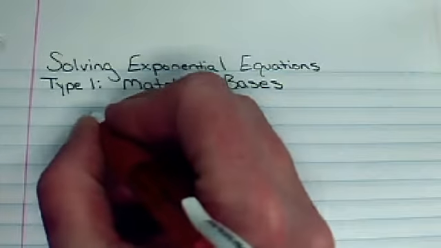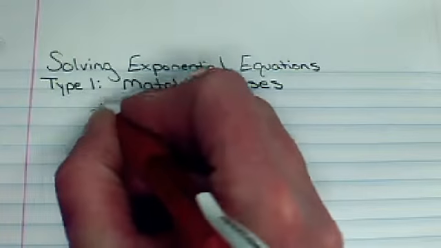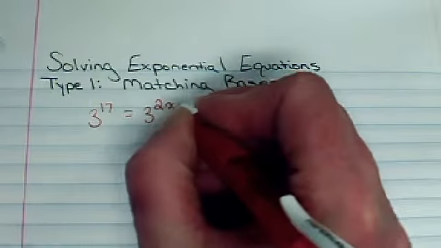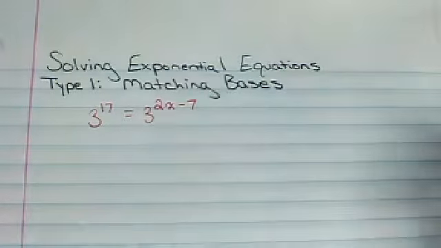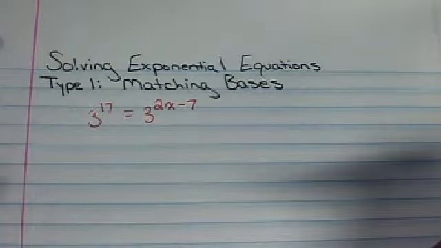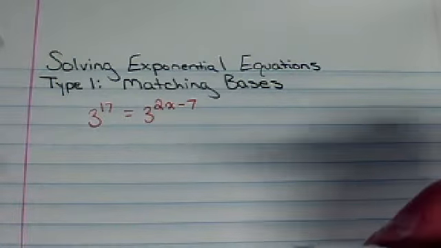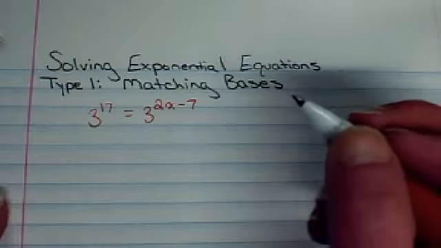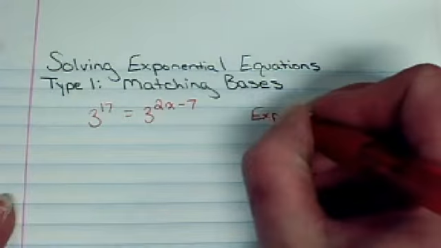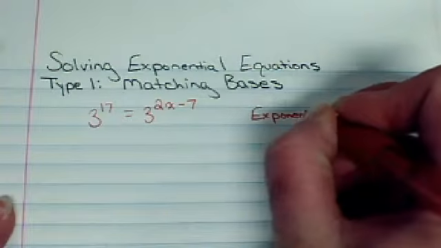It would be, for example, if you had something like 3 to the 17th equal 3 to the 2x minus 7th. Notice that the bases of those exponents are matching. So that means, if you think about it logically, if the bases are matching, then the exponents must be equal.